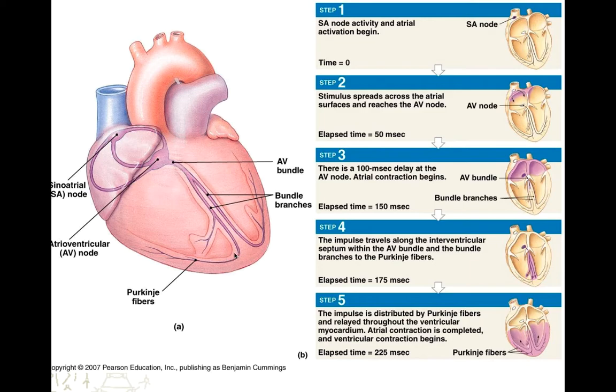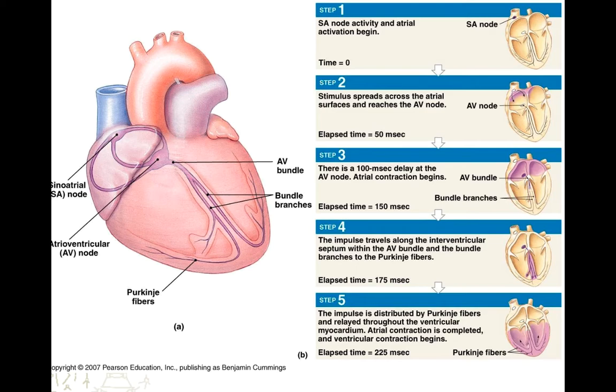And in the bundle branches, you're going to notice now that we have a split between left and right. And the split between left and right is going to be important so that we have a consistent and concise contraction of both ventricles at the same time to have the best output, okay?